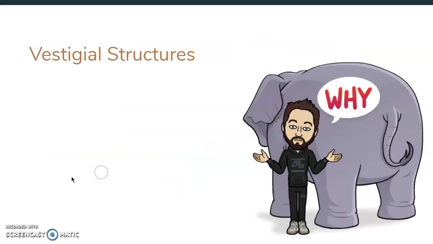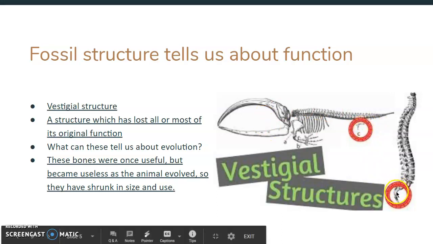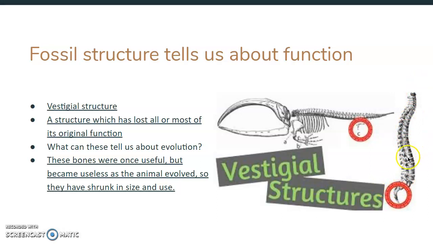Some of my favorite examples are whales. This is a whale skeleton, kind of shrunk. It would be much larger in real life. It actually has legs. It has a pelvis bone and then two small little legs. When we look at a whale, we don't see that from the outside, but they're in there. Also, when we look at humans, this is a human spine.